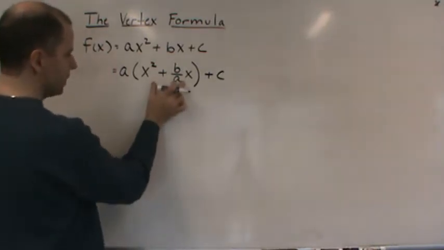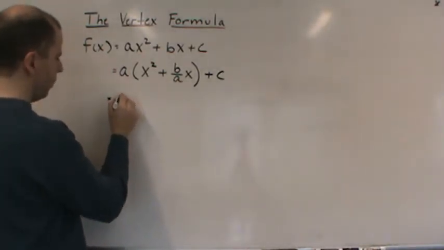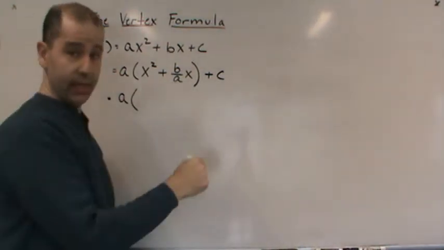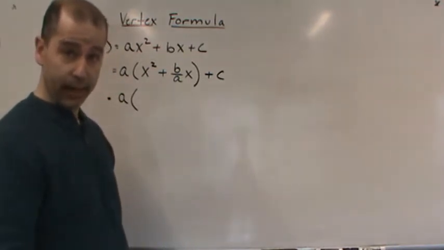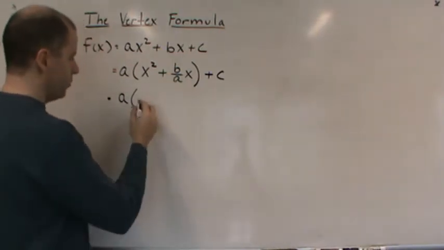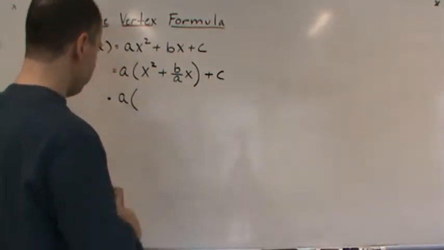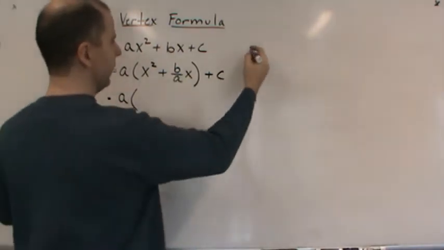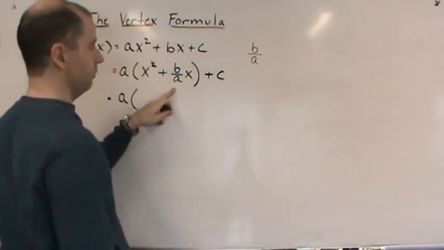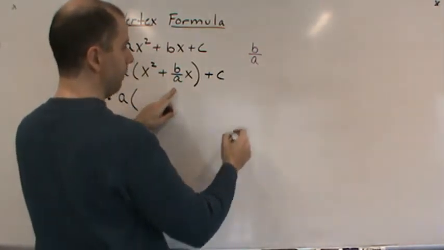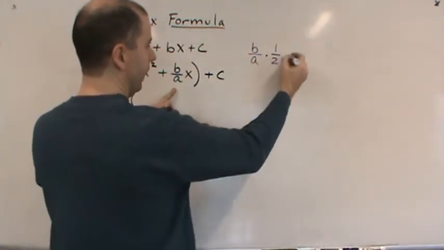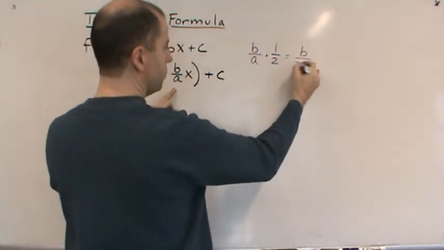Now I'm going to complete the square on this. What do we do when we complete the square? We divide this by 2, which incidentally is the same as multiplying by a half, and then we square it. So if I look at b over a, I divide by 2, which is the same as multiplying by a half, and that gives me b over 2a.